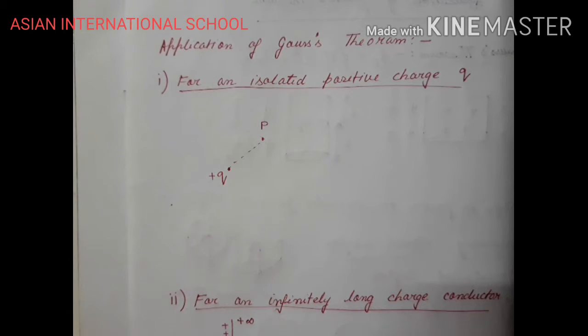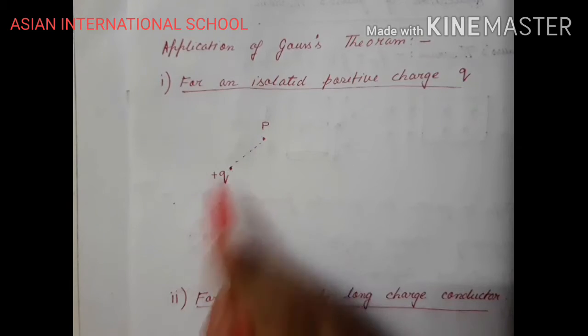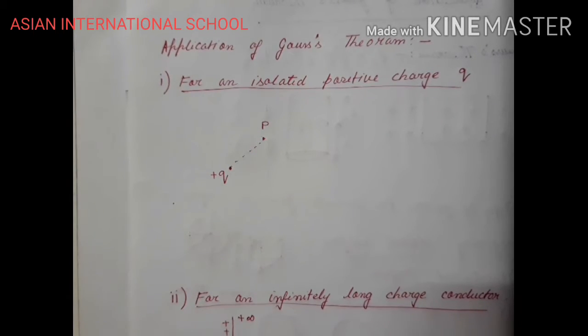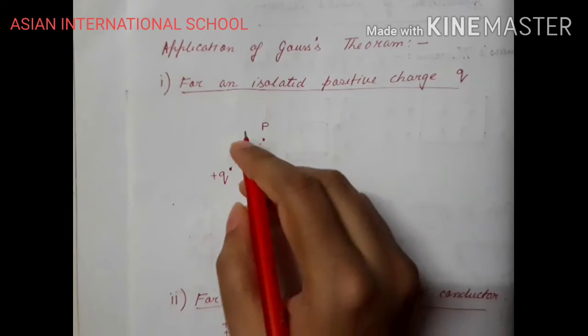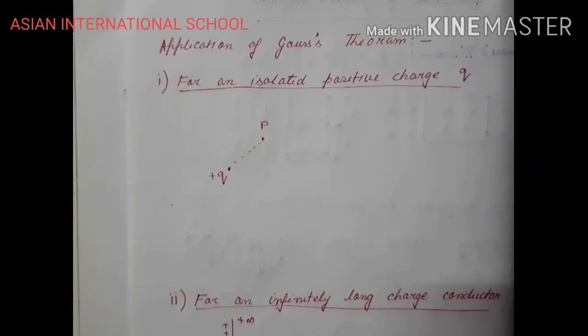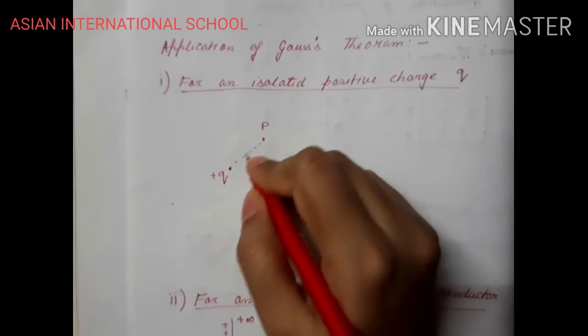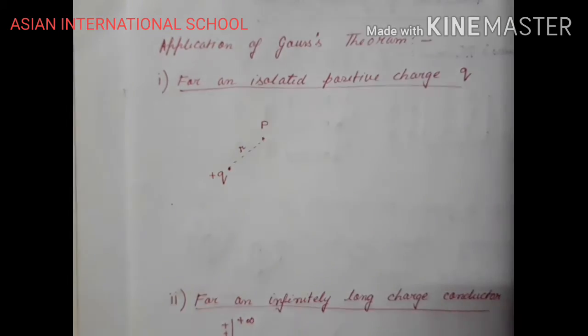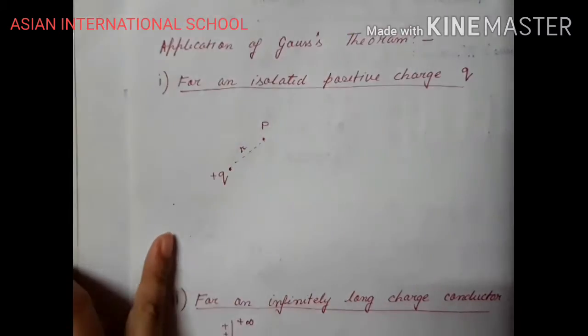I have plus Q charge and I need to calculate the electric field at point P. Let us consider that this point P is r distance away.